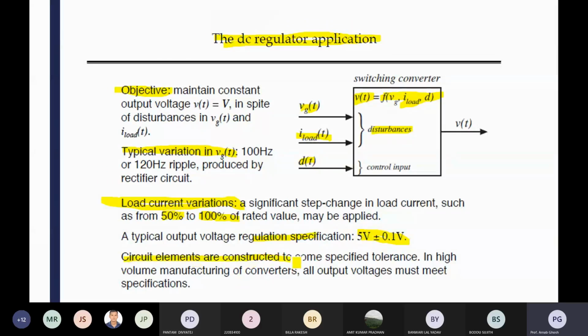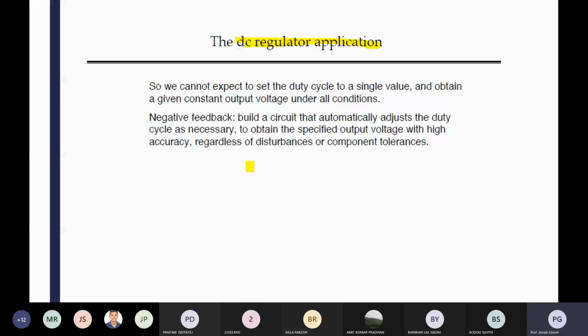Circuit elements at construction have some specified tolerance, so tolerance must be considered. Then we can go to the DC regulator applications. There you can see the stability, how much voltage level is there in the presence of some disturbance, whether it comes to the accurate value, and how much error can be compensated. That study is normally done in regulation applications.